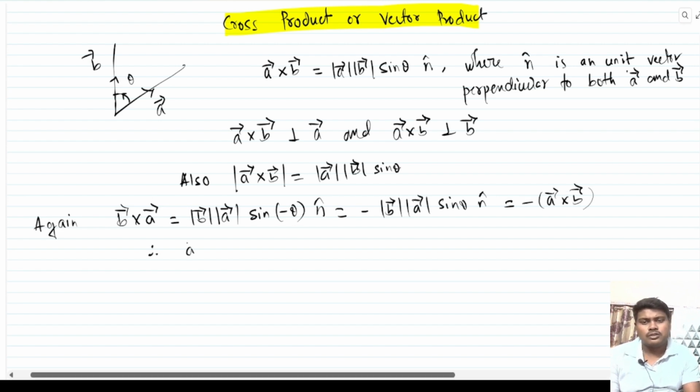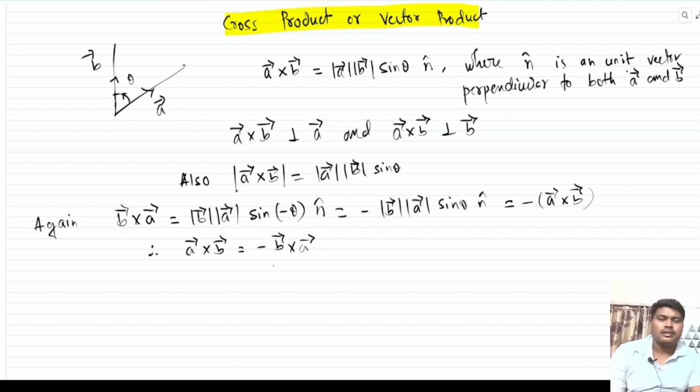Therefore, a cross b is equal to minus b cross a. It means the vectors a and b are not commutative with respect to the cross product.